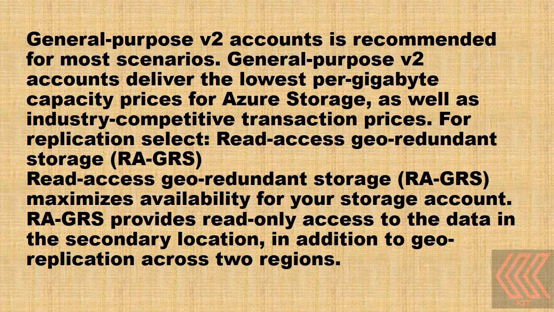Remember, read access geo-redundant storage maximizes availability, which is high availability. How I remember it is RA is rocking availability, which means high availability. In order to remember this simply, I use this jargon.